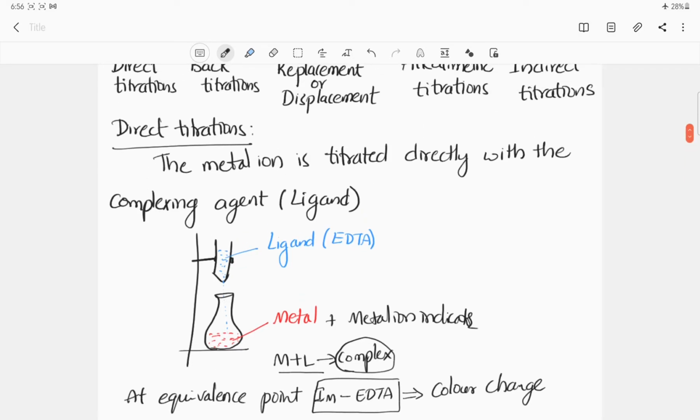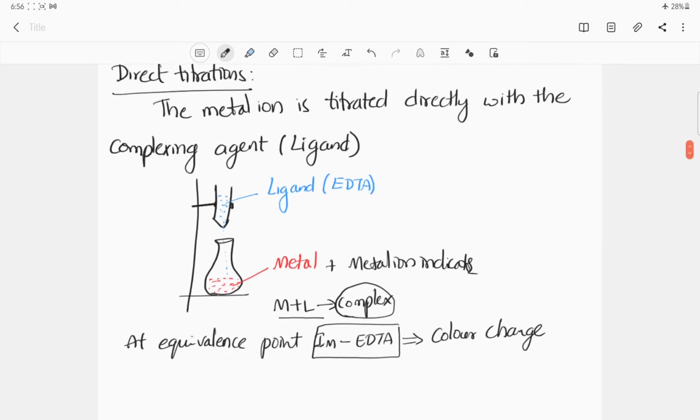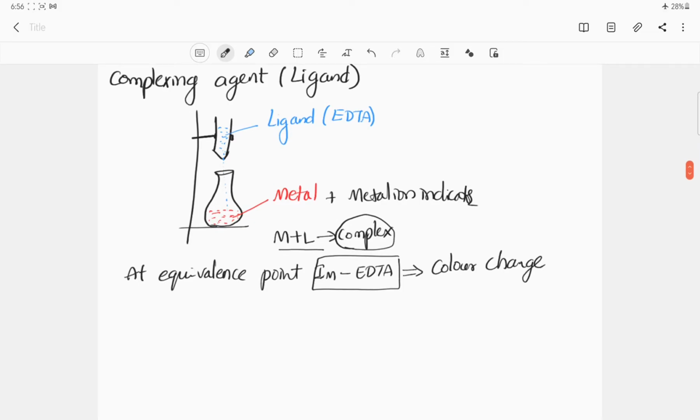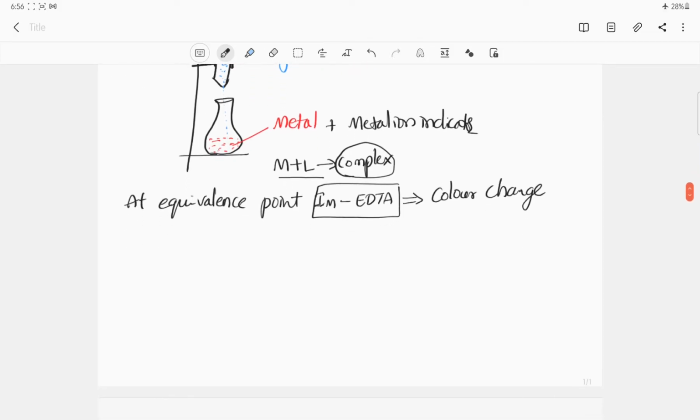This is direct titration. In direct titrations, the metals which are analyzed are copper, zinc and nickel.